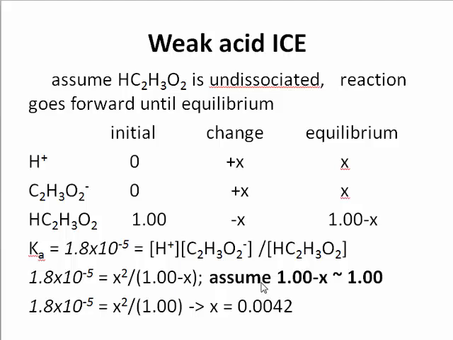We're going to assume that since K is small, 1 minus X will be roughly equal to 1. That makes a very simple expression to solve. We end up taking the square root of both sides, and we arrive at a value of 0.0042 for X, which remember is the concentration of H+ and of acetate.